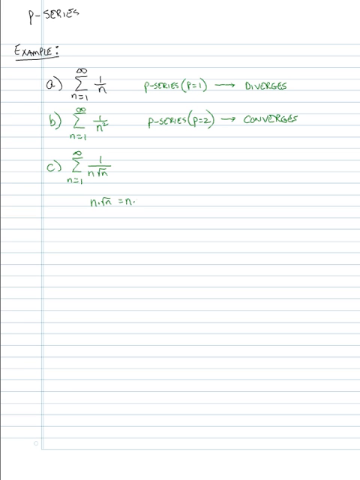That's the same thing as n times n to the 1/2 power, and that's n to the power 3/2. So it's disguised. This is a p-series where p is equal to 3/2. And that p-value is greater than 1, and so this p-series converges.